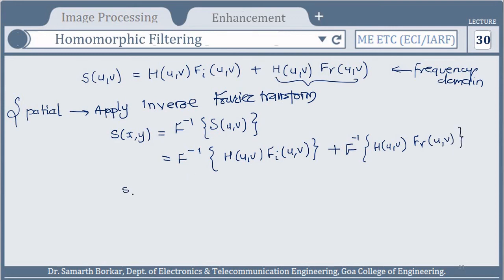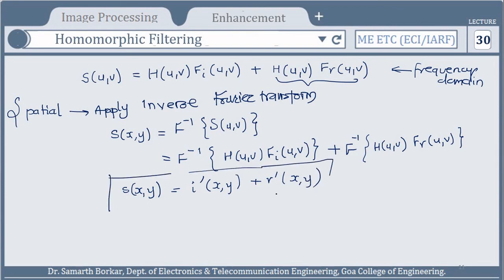So S of x, y. Once I solve this, I am going to get I prime x, y plus r prime x, y.